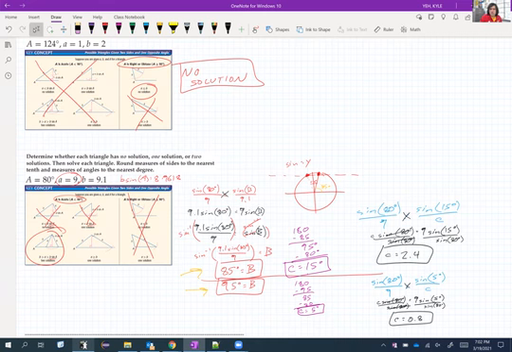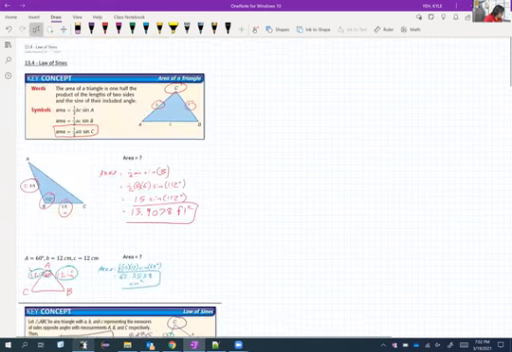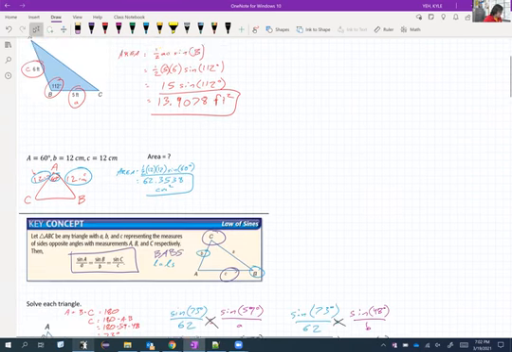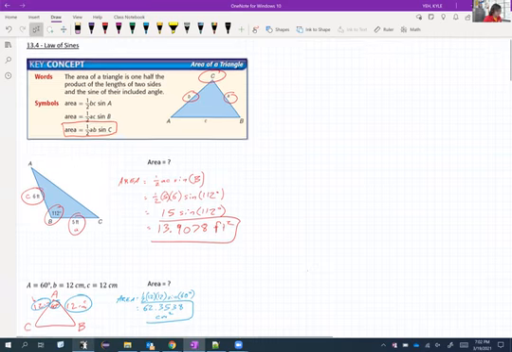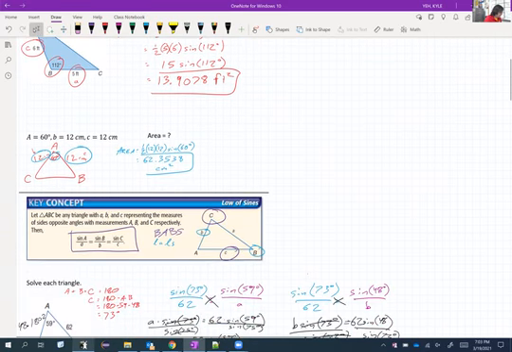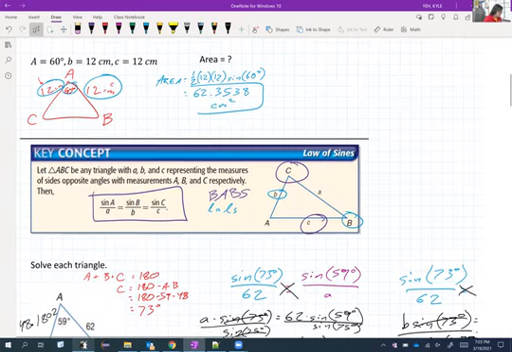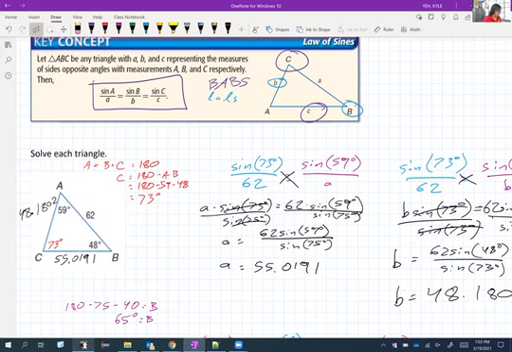It's very abstract. But these are the three parts of law of sines. We started with that formula that we could just use to find the area of a triangle. Then we looked at the law of sines, sine A over A, sine B over B, sine C over C, which allows us to solve triangles if we're missing sides, if we're missing angles.